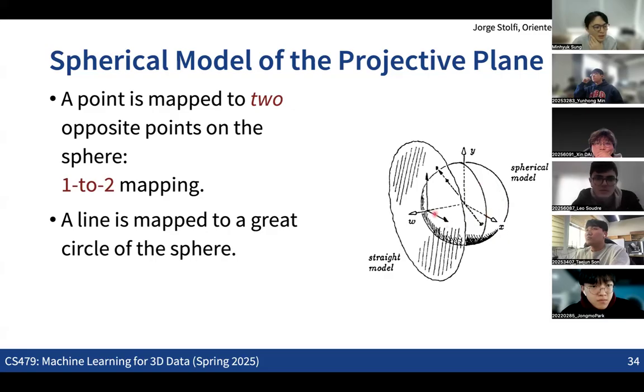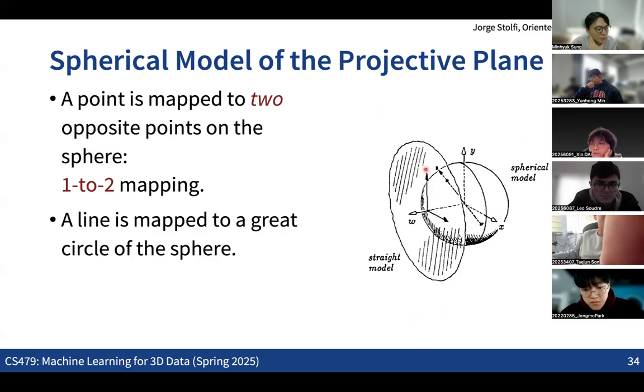This is the projected plane, where we also have the points at infinity and the line at infinity, and the sphere on top like this. For any point over this plane, if you draw a line passing through the origin of the sphere, there will be two points intersecting with that line, right? And even for the point at infinity, it will also map to a point here, right?